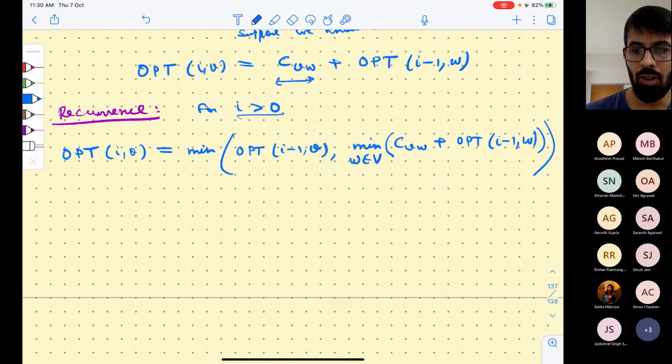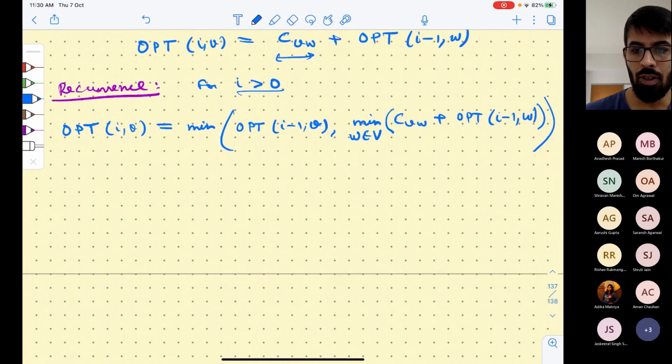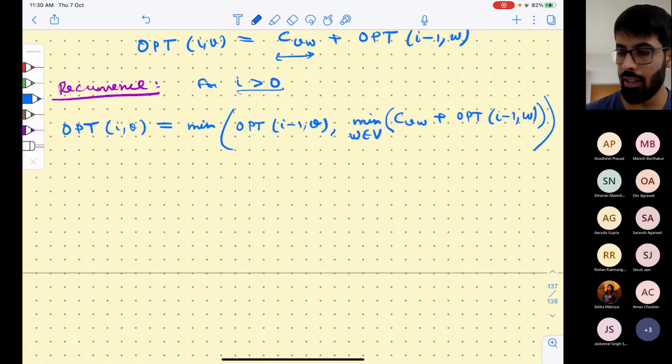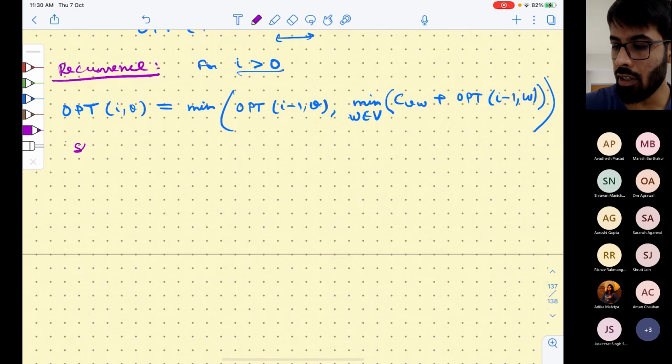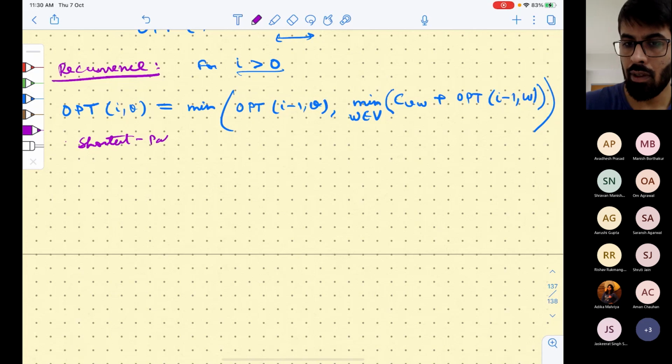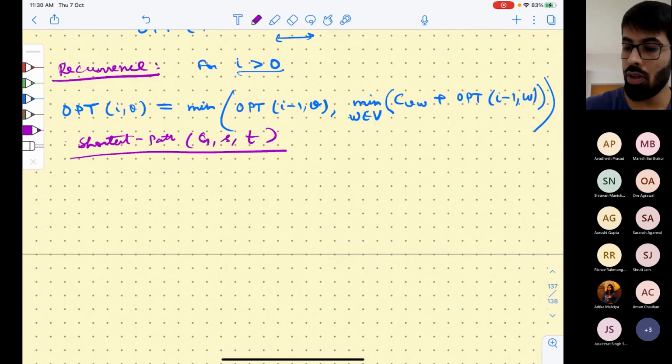Good. So now we have the recurrence, and now we can write the algorithm. The recurrence, I hope, is clear. The algorithm will have a two-dimensional array. Let me start here. Shortest path: you are given G, you are given S, you are given T. These are the input.